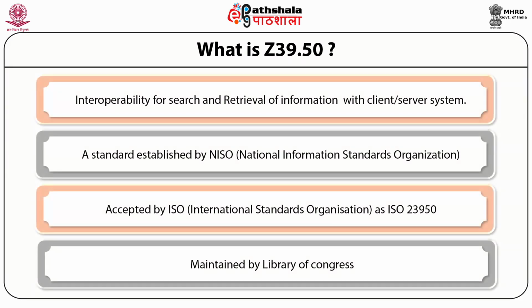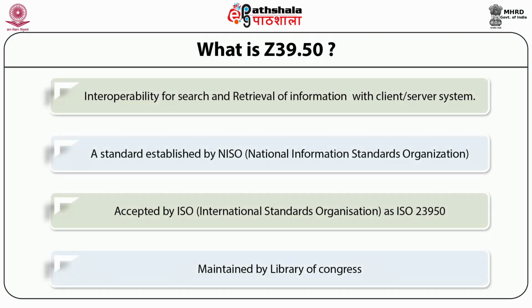The other protocol that is used for search and retrieval of information is Z39.50. This protocol provides interoperability of search and retrieval of information. This is a standard established by the National Information Standards Organization. Later it was accepted by ISO, and whenever ISO accepts a standard, they give a number for that.